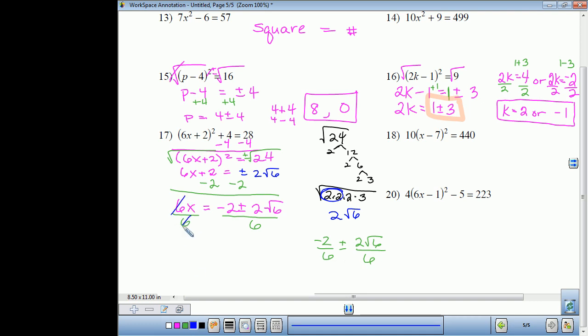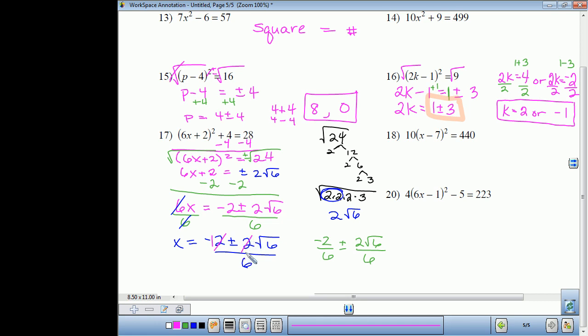Okay, the 6's cancel over here. So we're left with x equals negative 2 plus or minus 2 roots of 6 over 6. Do you see that 2 divides into this number, and into that number, and into that number? So let's do it. If we divide 2, we're left with 1.